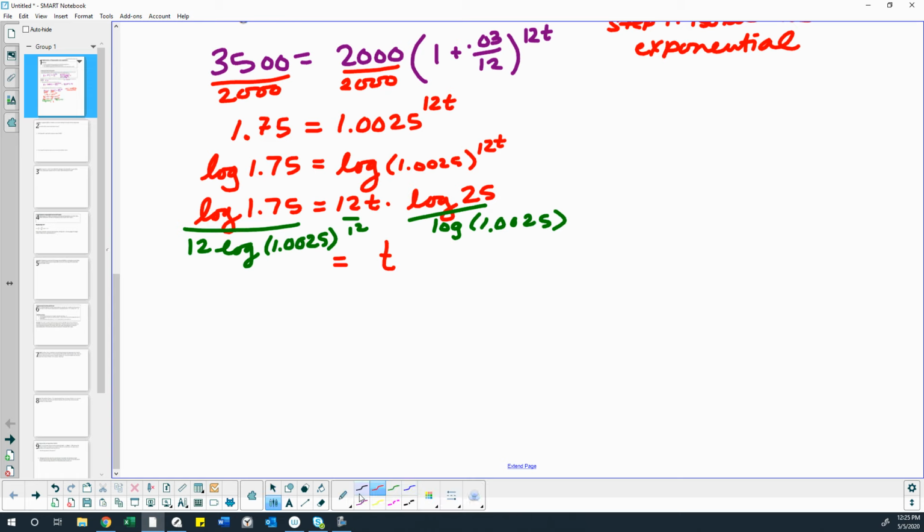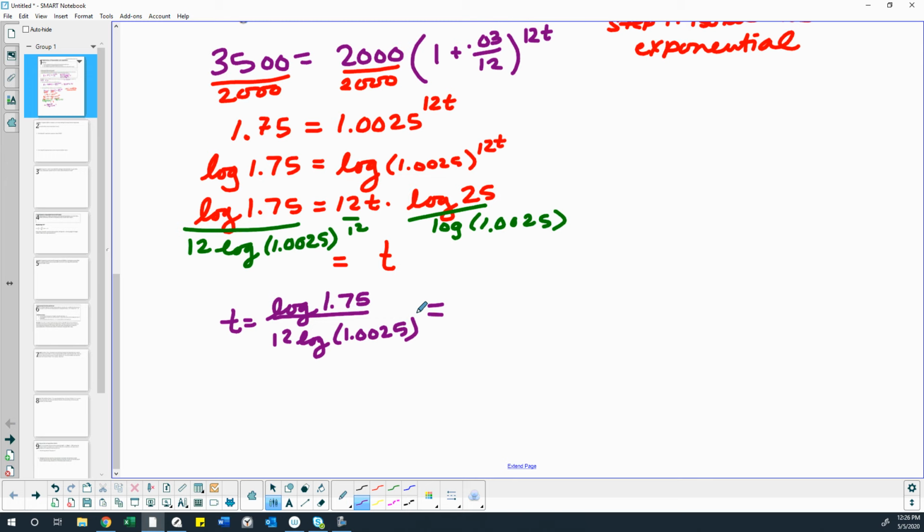So t is going to be equal to the log of 1.75 over 12 log 1.0025. Now it really does not make sense to leave this answer in this form, even though this is exact. We want to know a number of years to apply to this situation.